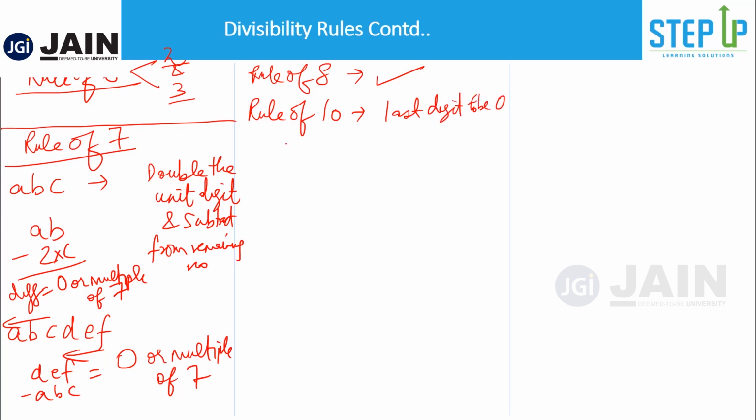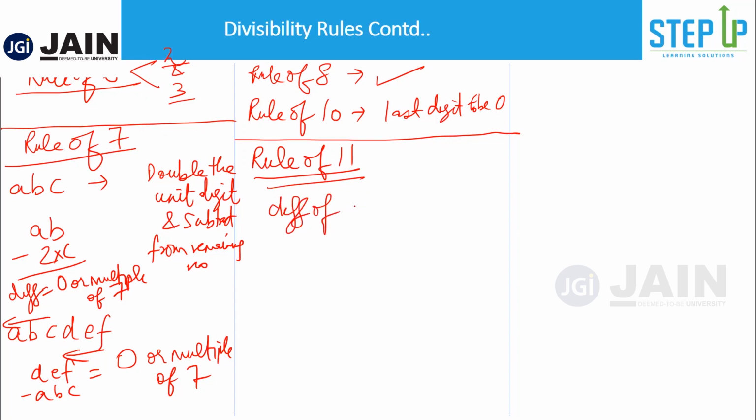And this I need not explain also. Rule of 11 is also interesting. So let's discuss rule of 11. Rule of 11 is the difference of sum of digits at odd places minus sum of digits at even places.